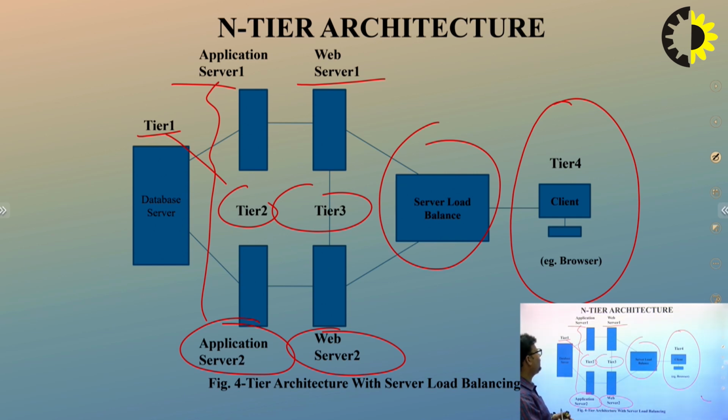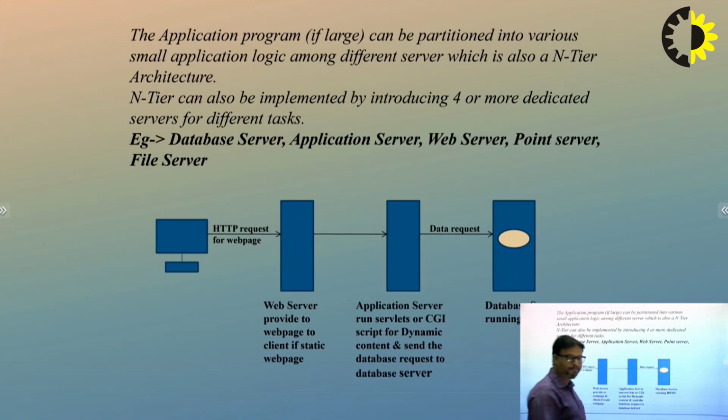We fetch the information from the database server to the application server, and again get the information through the web server at tier 3, then again through the server load balancer, and the response is sent back to the client. This concept is called n-tier architecture with server load balancing.